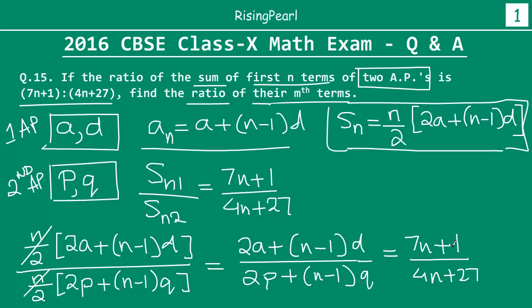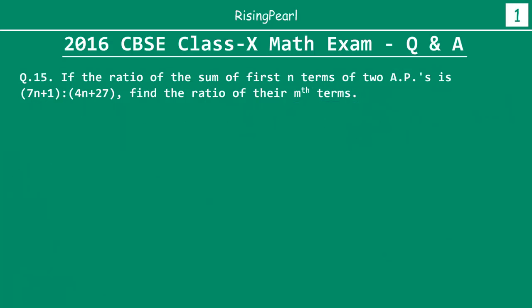This is what is given. Now we are going to focus on the ratio of the mth terms because that is what we really need to find out. So let's look into that next.